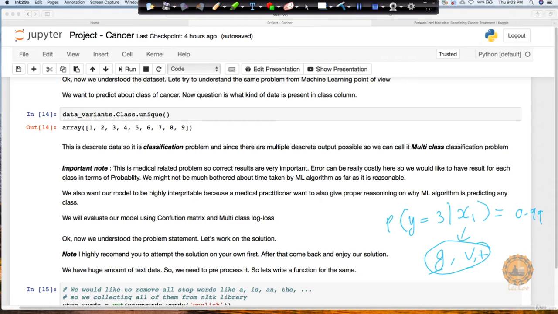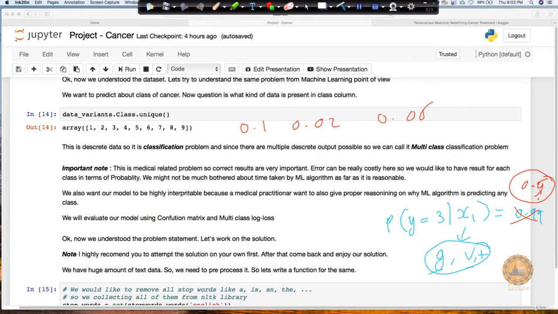But let's say this is not coming out to be 0.99, but maybe 0.4 or 0.5 or 0.6, something like that, right? In this case we are not really very confident in our answer. Though this 0.5 may be a higher number in comparison to the other 8 classes, because maybe the other 8 classes have 0.1, 0.02, 0.05, which contribute to the remaining probability, still this number is ambiguous.